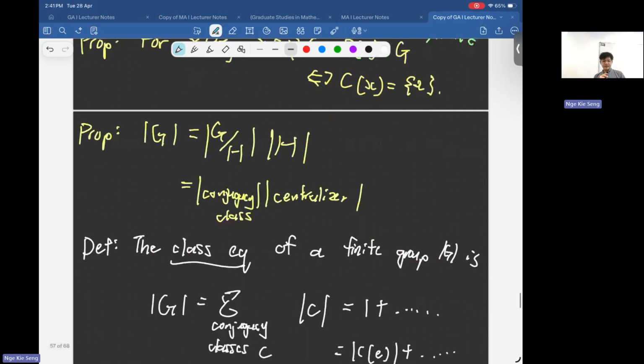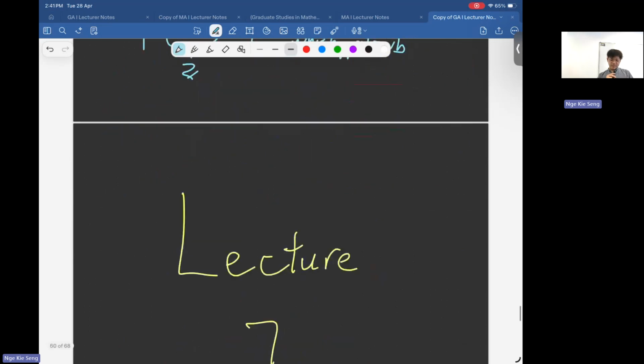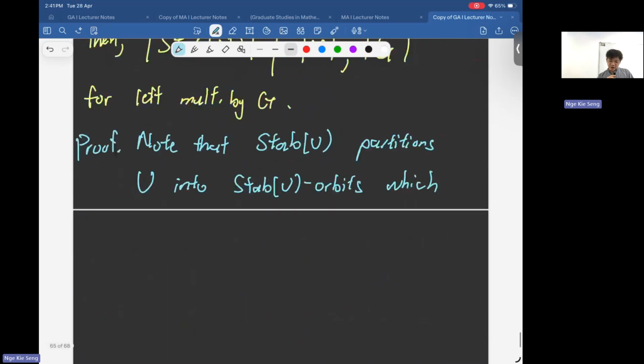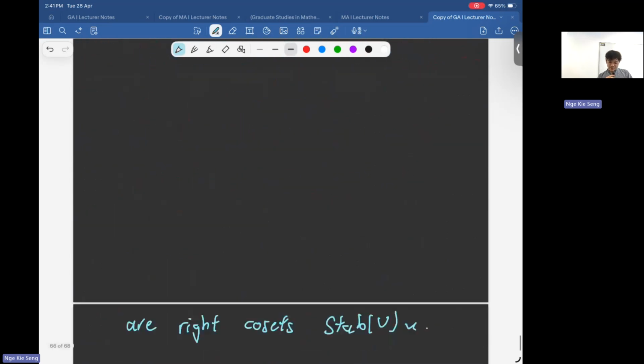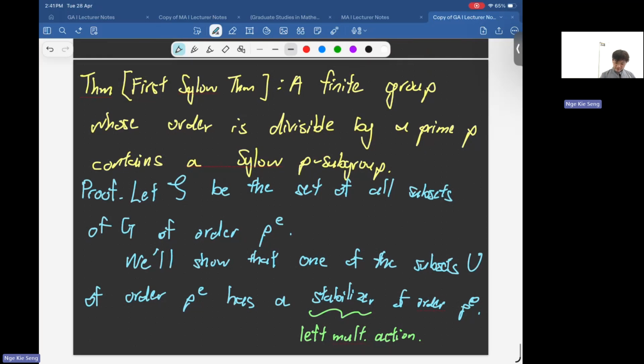Okay, good. I think I was confused with one thing. So here the action is a left multiplication action on the set of subsets.